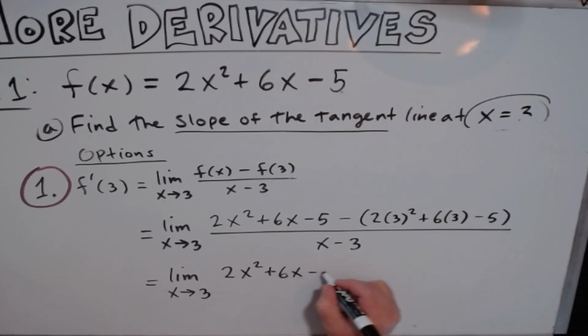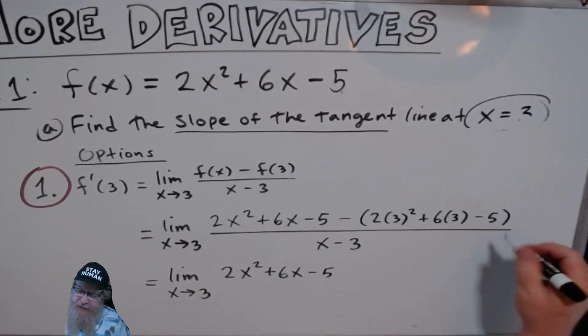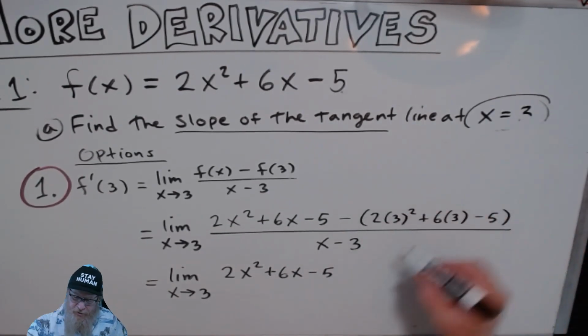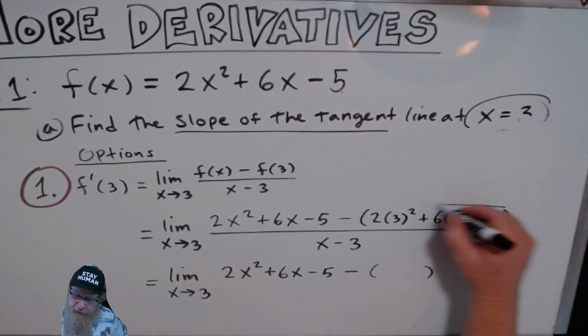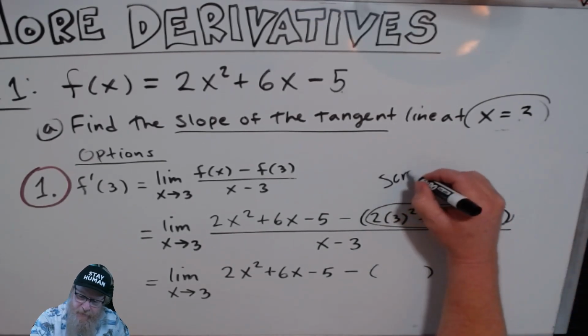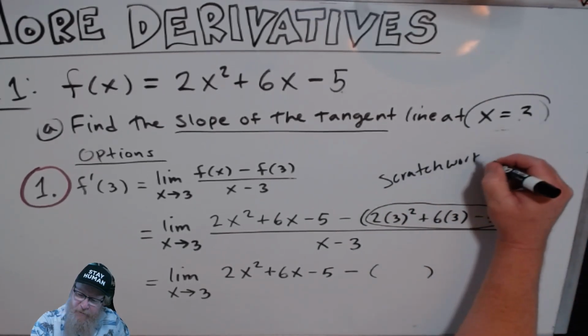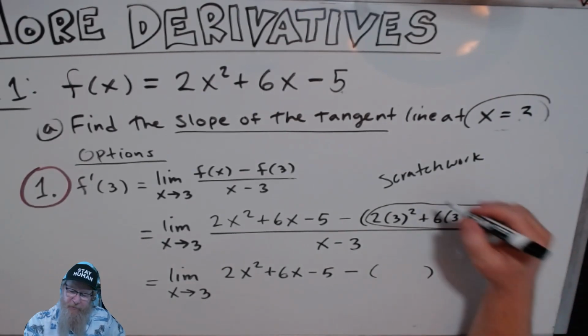Sometimes in my previous examples, I might have calculated this on scratch. It's not a bad idea to do the scratch work here, so you don't waste a bunch of valuable space.